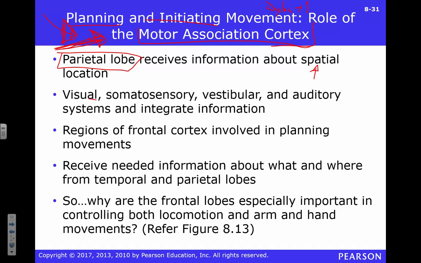You're taking that visual information, somatosensory information, and we talked about vestibular and auditory information. You've got to integrate all of that: sound, gravity, vision, where you are, and how you're moving through space. You're constantly using all of that information to calculate your movements. That's a lot of input, right? We're using our frontal cortex and that parietal cortex in conjunction to plan these movements. Okay?